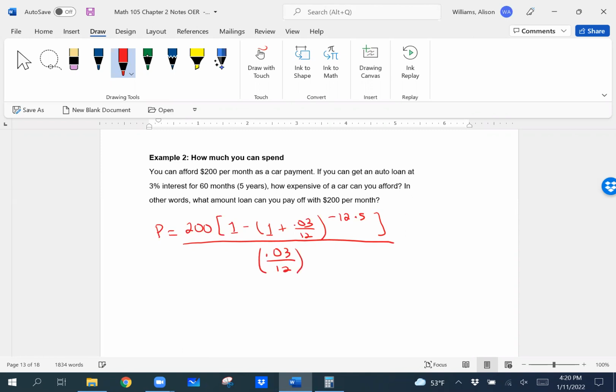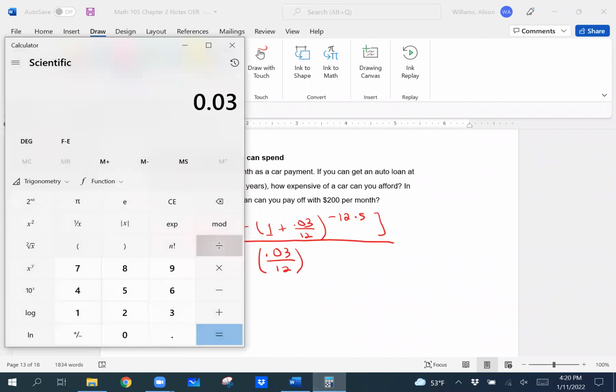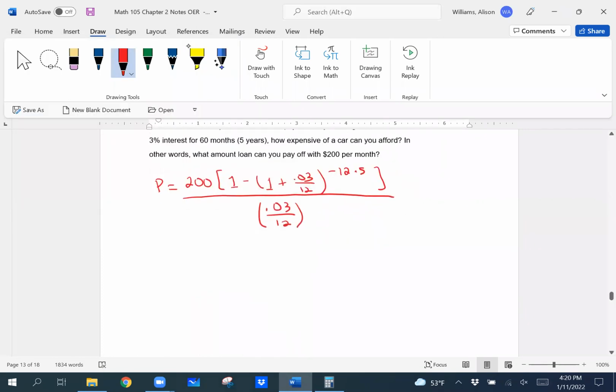Okay, so 0.03 over 12, that comes out very nicely. That is going to give me 0.0025. Nice. So this is going to be 1 minus 1.0025 raised to the negative 60. Actually, I could have dropped the parenthesis, right? I didn't need to put the parenthesis over 0.0025.